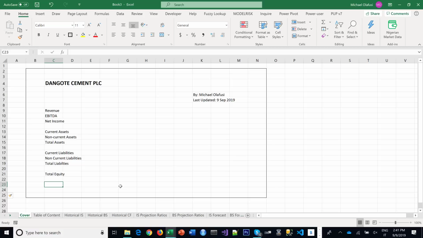So net cash flow, free unlevered free cash flow, UFCF, which we use in doing the discounted cash flow modeling.